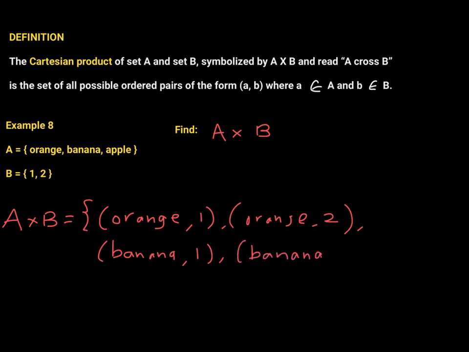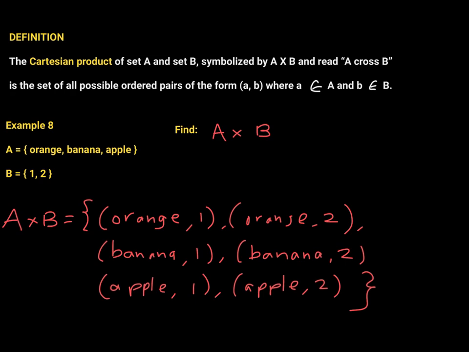Sounds funny, these elements are fruits, but whatever. And then to wrap it up, now we're at apple. So (apple, 1), (apple, 2). I'm going to close my set. These are all of the ordered pairs that belong to A cross B.